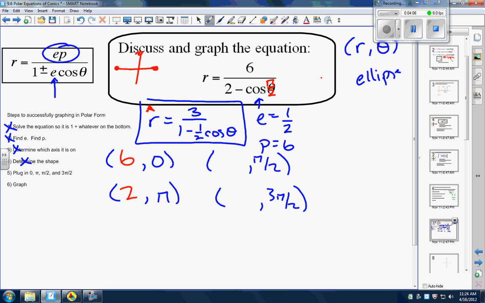That means that entire thing goes away, which is kind of nice. So it's just 6 over 2 is 3. And the same thing is going to happen at 3 pi over 2. Cosine's still a 0, so this also turns out as 3. Okay, I'm going to pause it here and grab these points over to the next slide so we can actually graph these.